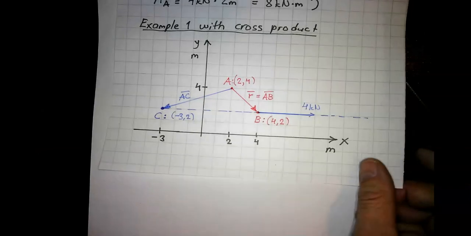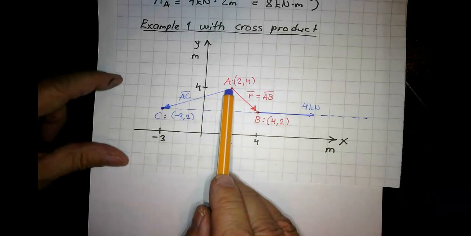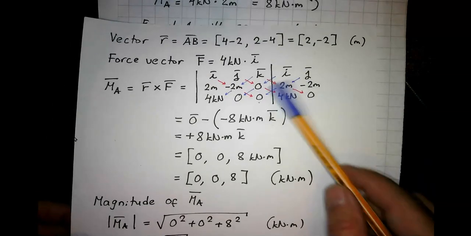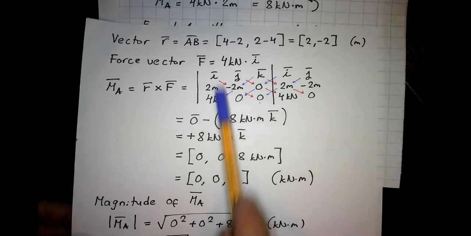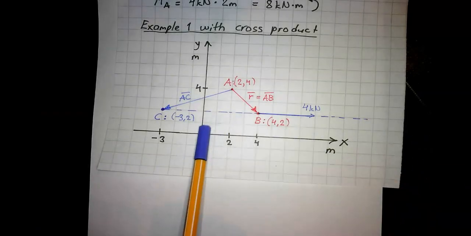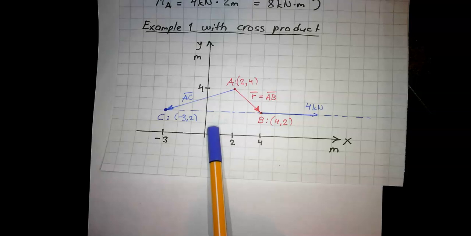For example, we could choose that vector because zeros are always good ones. If we have zeros in the cross product calculation, for example, here we got many zeros from the multiplication, then we could of course choose the vector R so that we get the easiest calculation.